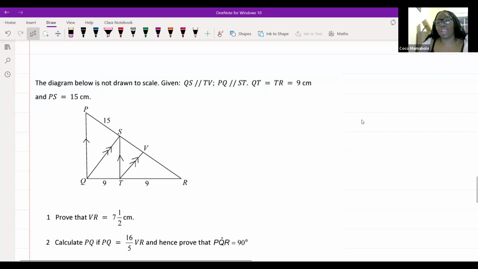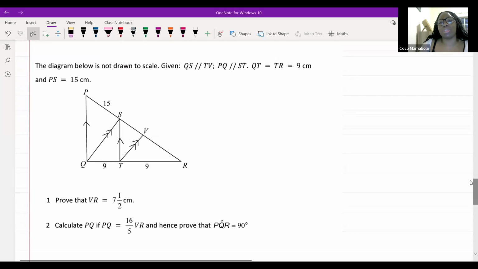Okay, look at this. It says the diagram below is not drawn to scale, which doesn't really matter. It doesn't give us much. Look at the information they've given us. They've given us that QS is parallel to TV.